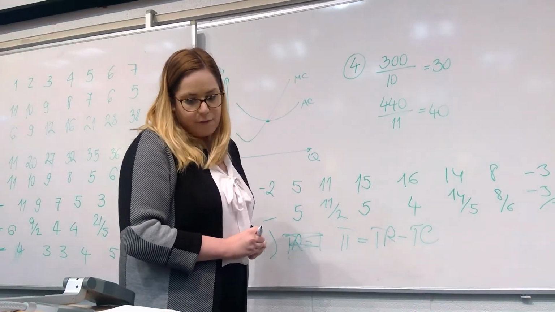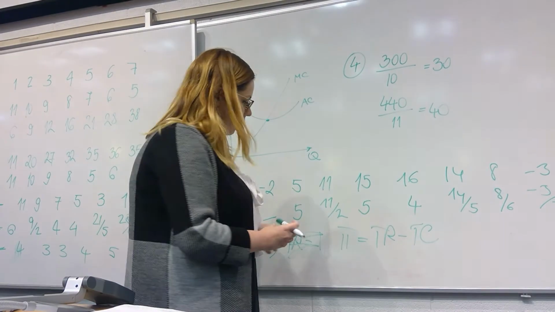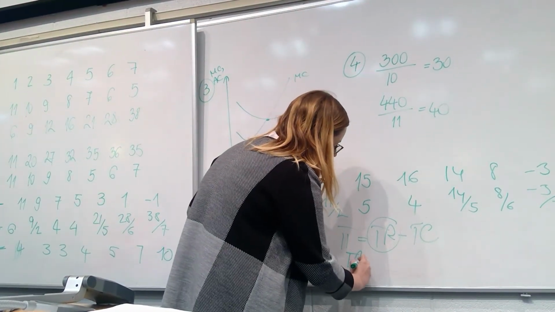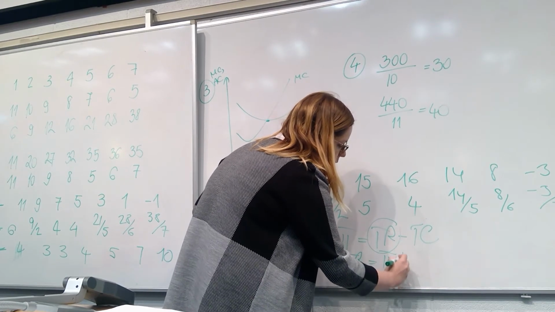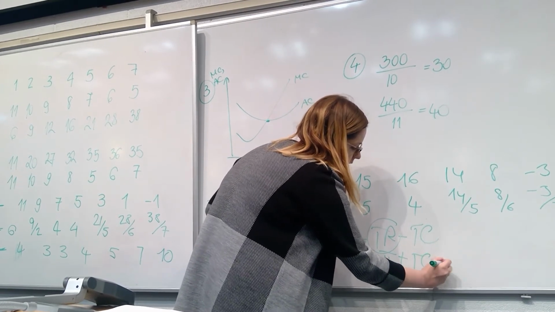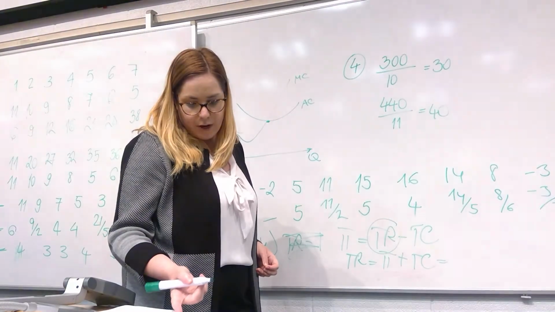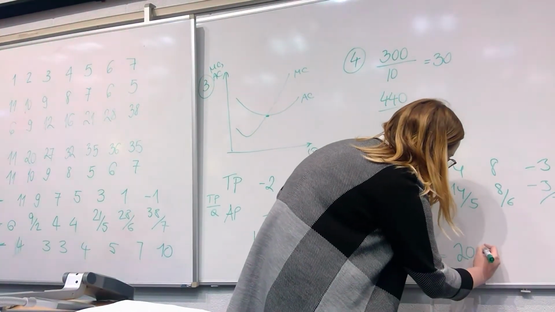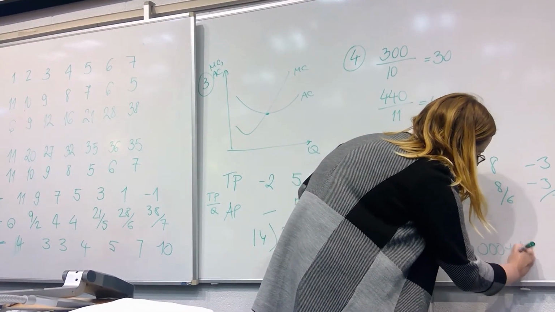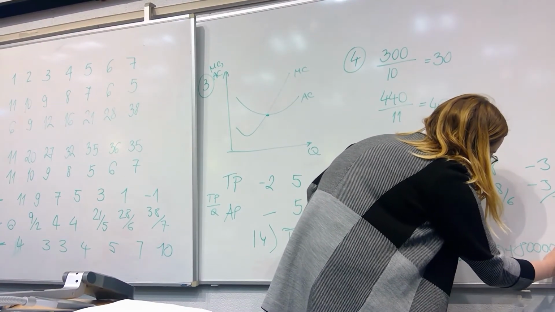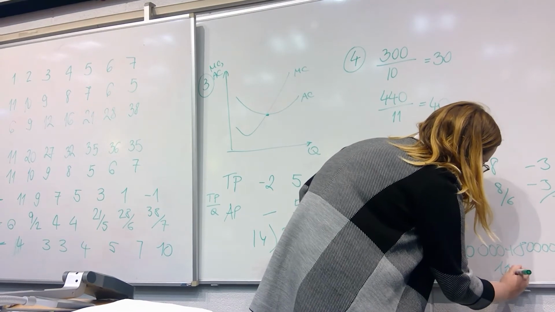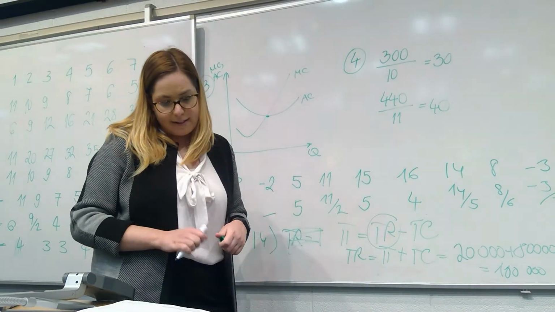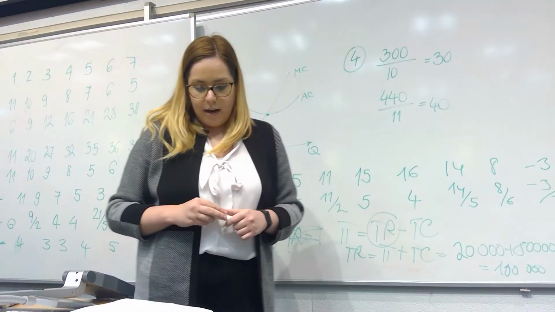Here we have information on profits and our total costs, but we need to determine what our total revenue is. So total revenue would be profit plus total costs. In our case, profit is £20,000 and then total costs are £80,000. So the total would be £100,000. And the correct answer is answer B.